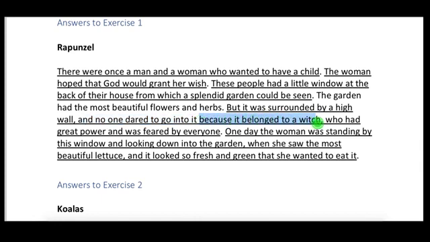Because it belonged to a witch, there's a dependent clause. And who had great power, there's another dependent clause. So there are a lot of clauses in that sentence, and they're all connected in various ways. The same thing for the last sentence. Many clauses, and they're all connected in various ways, so it's a complex sentence.